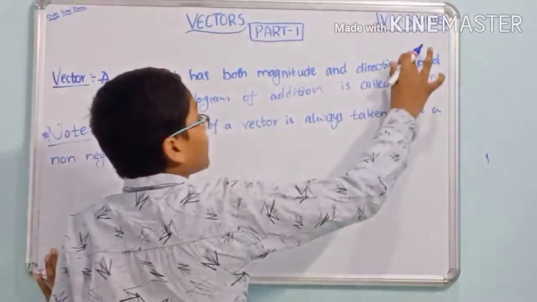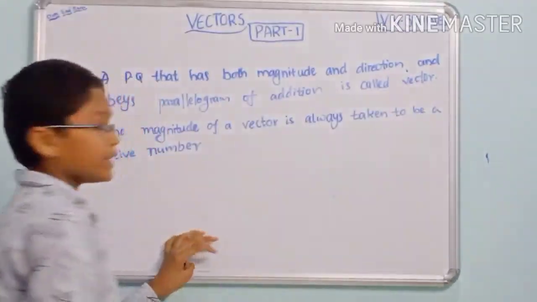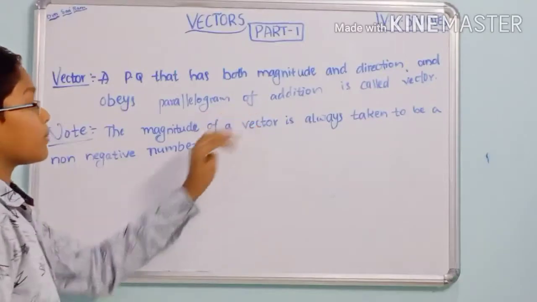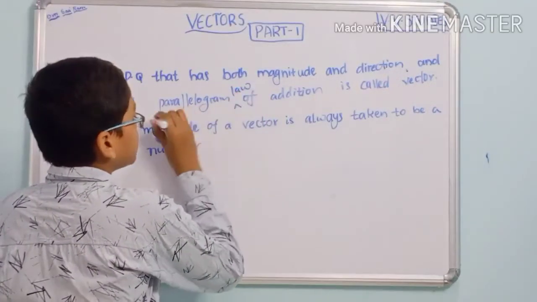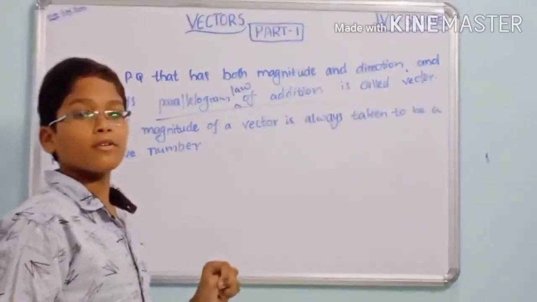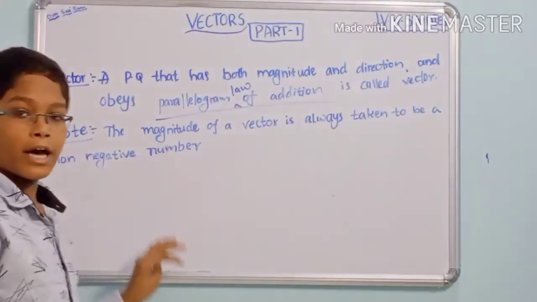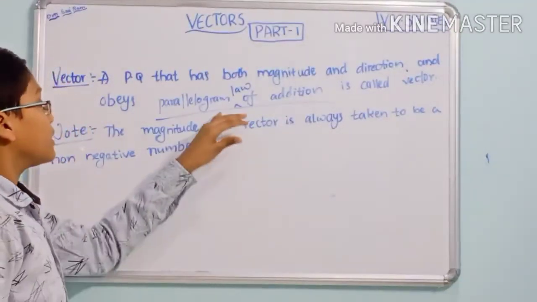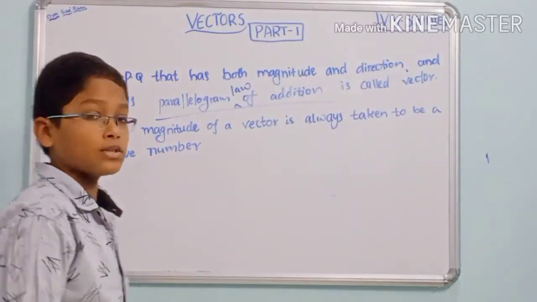But a physical quantity which has both magnitude and direction and obeys parallelogram law of addition, this we will discuss in the later part. Okay, it should have both magnitude and direction and should obey parallelogram law of addition. That is called a vector.